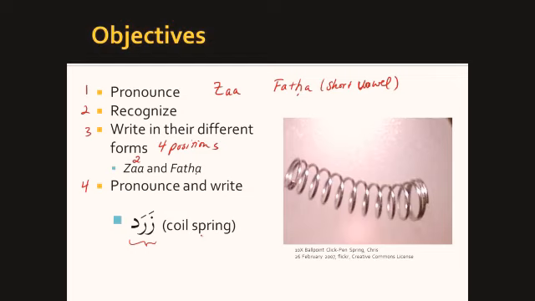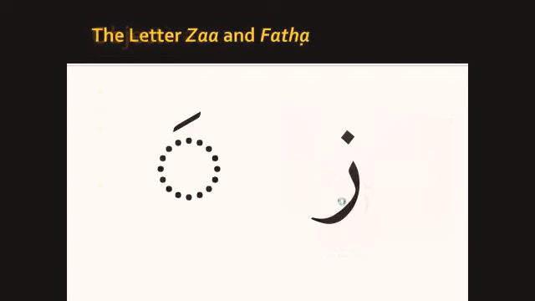Okay, let's look at the pronunciation of these letters. So we have here the za in Arabic, and the za is like the z in English, like as in zebra. So that's pretty simple. The za is not that difficult to pronounce.